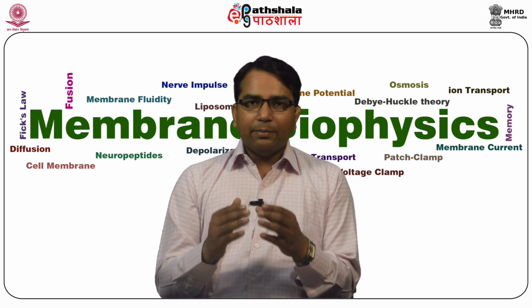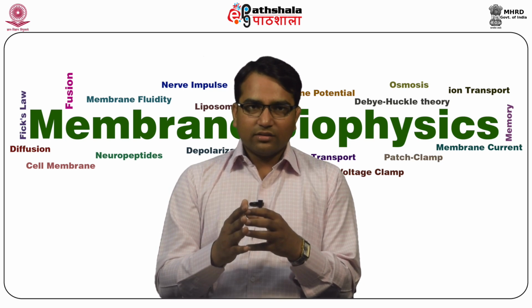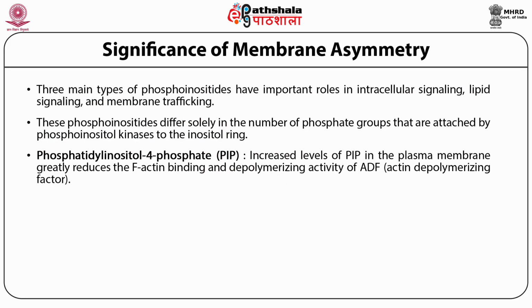Maintaining membrane lipid asymmetry is therefore highly important for cell homeostasis. Phosphatidylinositol 4-phosphate: increased level of this phospholipid in the plasma membrane generally reduces the actin binding and depolymerizing activity of actin depolymerizing factors.